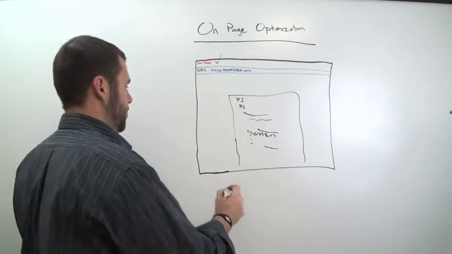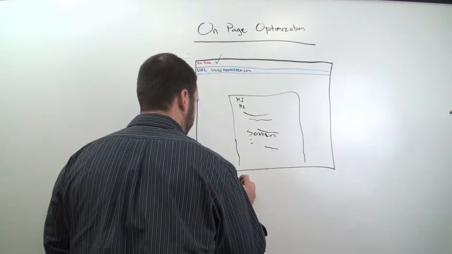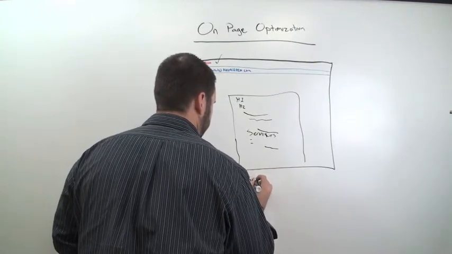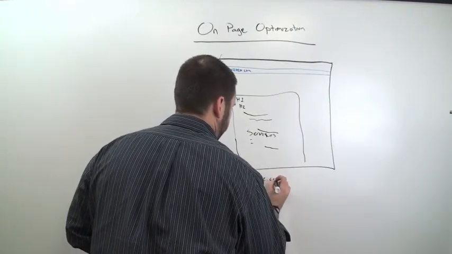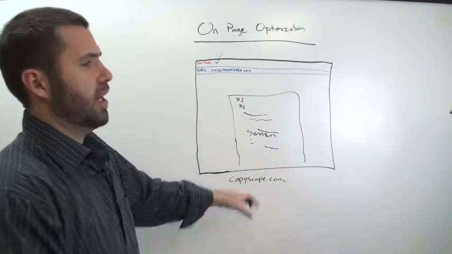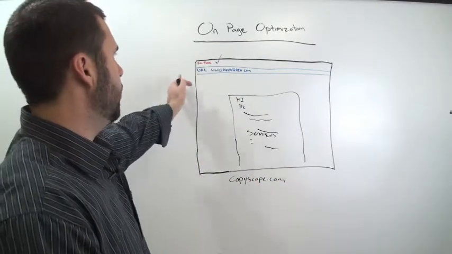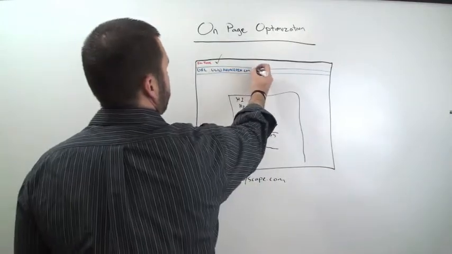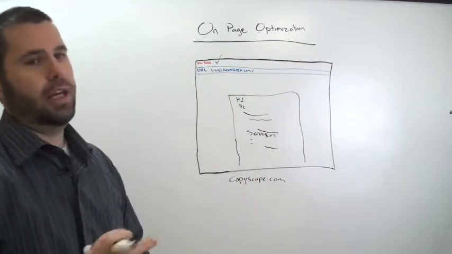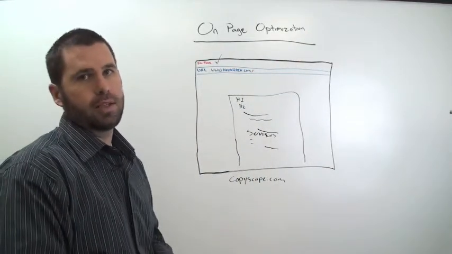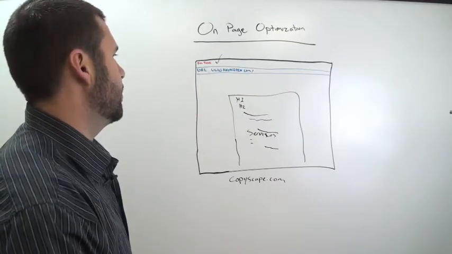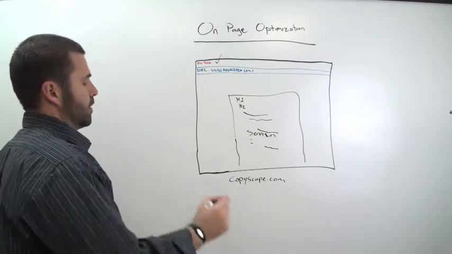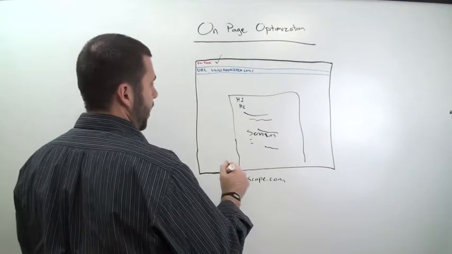One way to check that is a free website called copyscape.com. You can just type in the URL of whatever page it is, hit enter, and it'll tell you if you have any duplicate content on that page. It's a good thing to know if you have any.